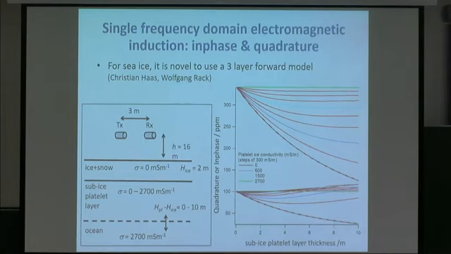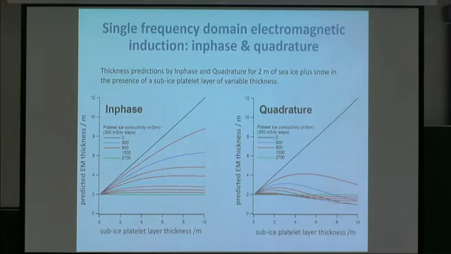And the main takeaway from this plot is that there are lots of lines on it. These are for different conductivities of the sub-ice platelet layer, which we don't know. But the nice thing is, at least the quadrature and in-phase measure something different from each other. We'd be really stuffed if they didn't. So here's what you get from the forward model.